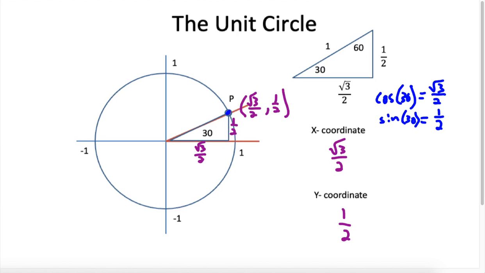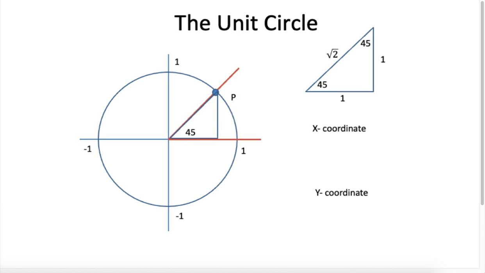So let's look at our 45, 45, 90 right triangle. These are the side lengths that we generally memorize: the two legs have the same length, and the hypotenuse is one of the legs times the square root of 2. But again, we want to think about the hypotenuse being 1.